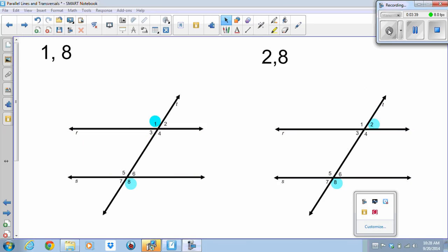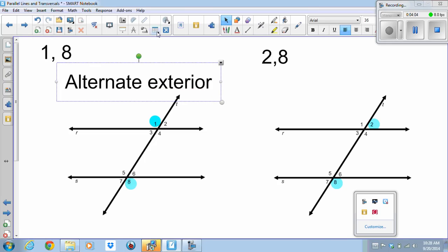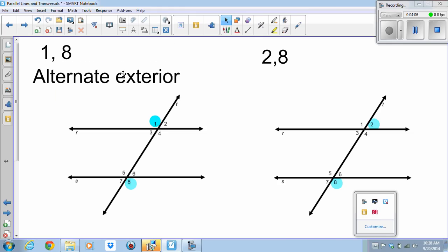All right, so we're going to look at a couple of pairs of angles. Notice here I have angles 1 and 8. The first thing I need to decide is, are they on the same side or alternate sides? One's on the left, one's on the right, so this is alternate. Then are they inside, in between the parallel lines, or on the outside? These are exterior. You guys are going to need to be able to label all of these.